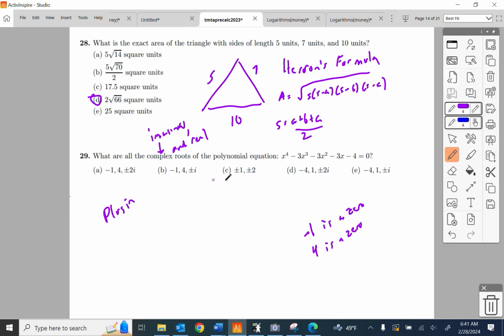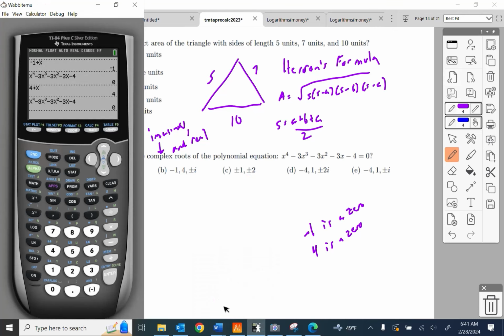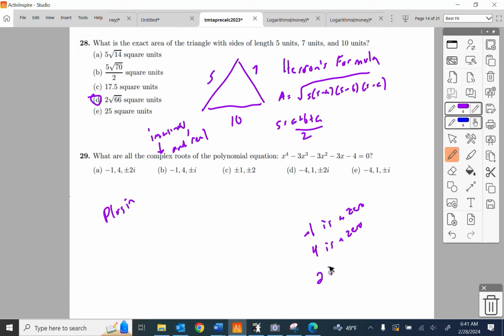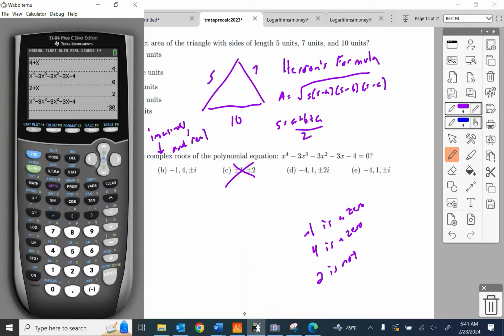All right, so let's check 2. Two is not. So forget that guy. Looks like I'm down to just eliminating the imaginaries. Let's check that 2i. 2i is not.